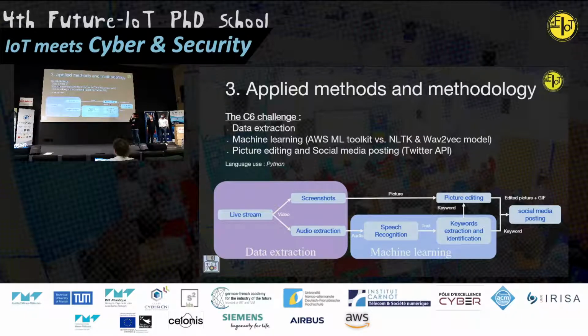Here we do the speech recognition and the keyword extraction and identification, using this keyword and the picture as the input for publishing in social media, posting on Twitter using the Twitter API.